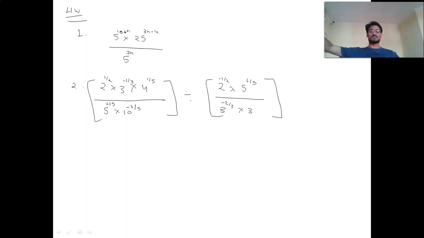See, you have to simplify this also. Just solve the first bracket, then the next bracket, and you need to divide these two. There is a sign of division here. So this is a good question for practicing the laws of exponent.